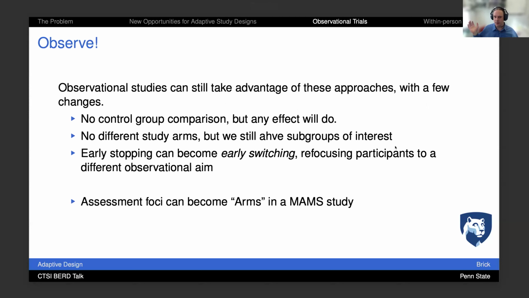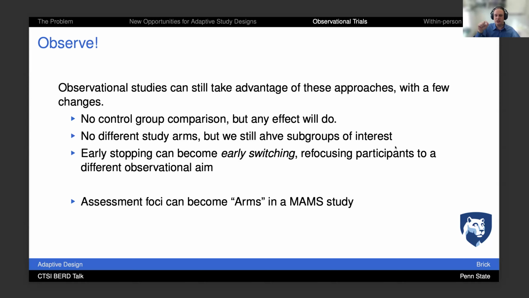So there's no control group comparison that we can use as our stopping rule at each of these decision points. But we're still looking for an effect, and we can still compare that effect to 0, or to whatever our null hypothesized value is, at each of these decision points and decide whether or not to stop. We don't have different study arms, but often we have stratified randomization, and we have different subgroups of interest.